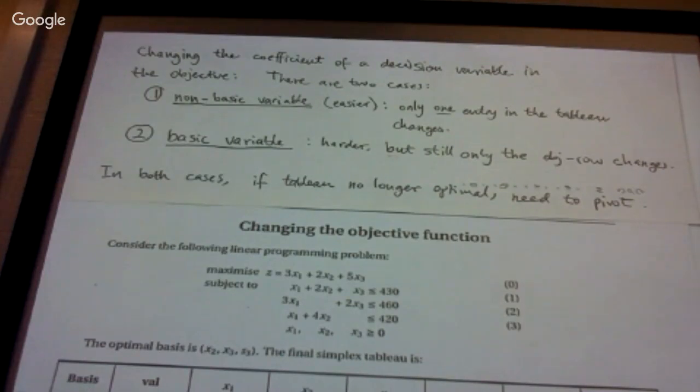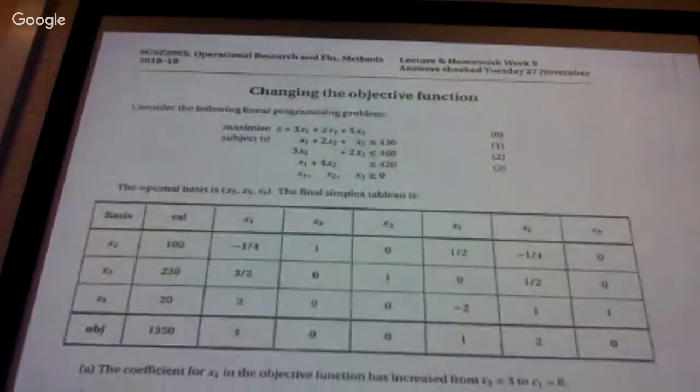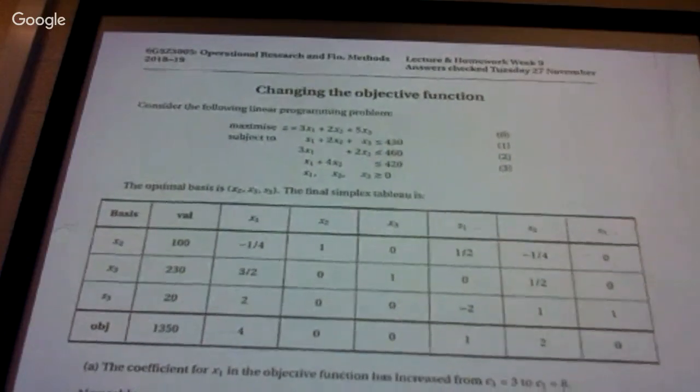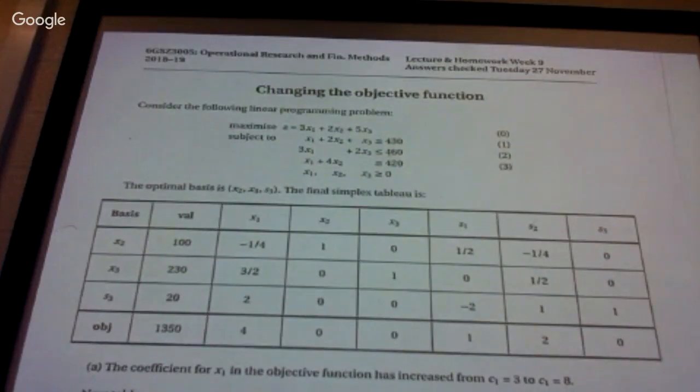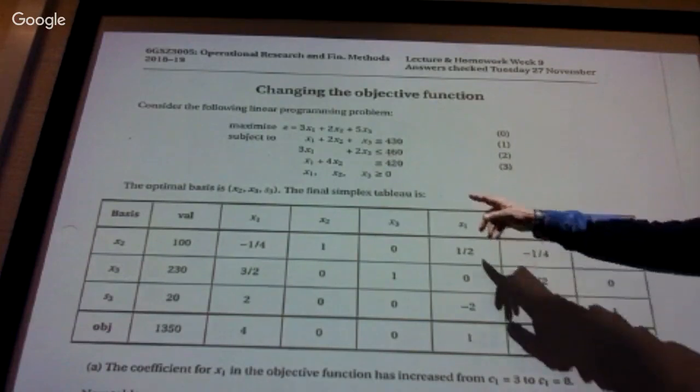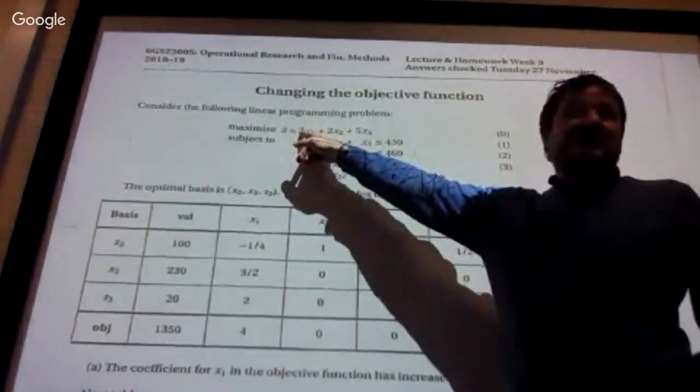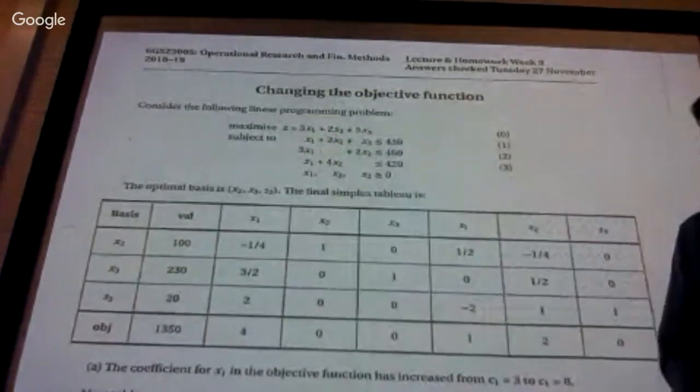We're told what the problem is, and we also have the tableau. Now the first task says that we're changing C1 from 3 to 8. So this 3 is now going to be 8. What's going to happen in the final tableau?